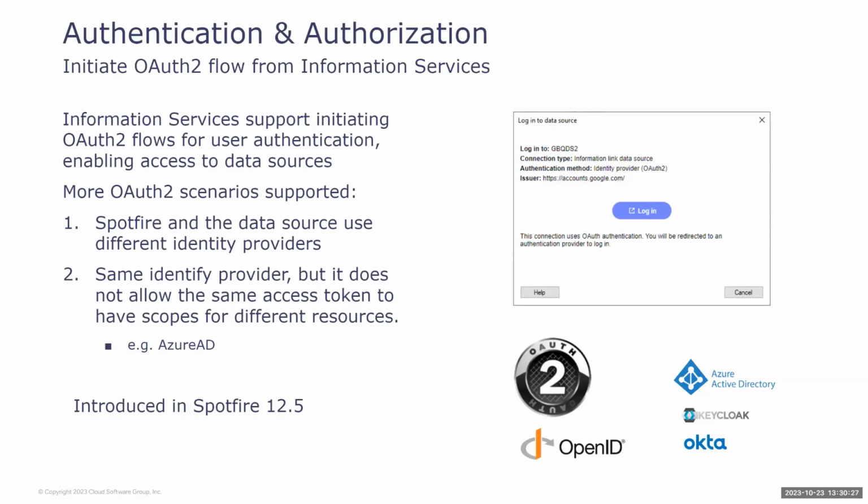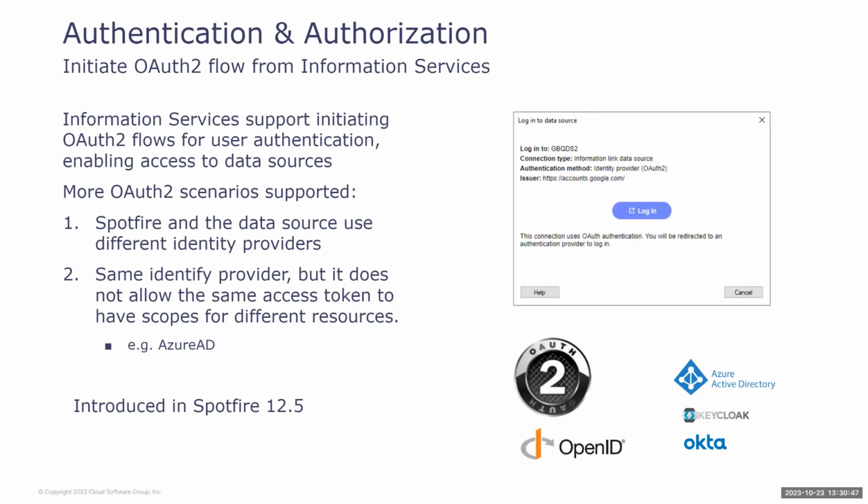And as with many of our recent releases, we made improvements related to OpenID Connect and OAuth use cases in Spotfire. So information services now support initiating OAuth 2 flows when needed to authenticate users to access a specific external data source.